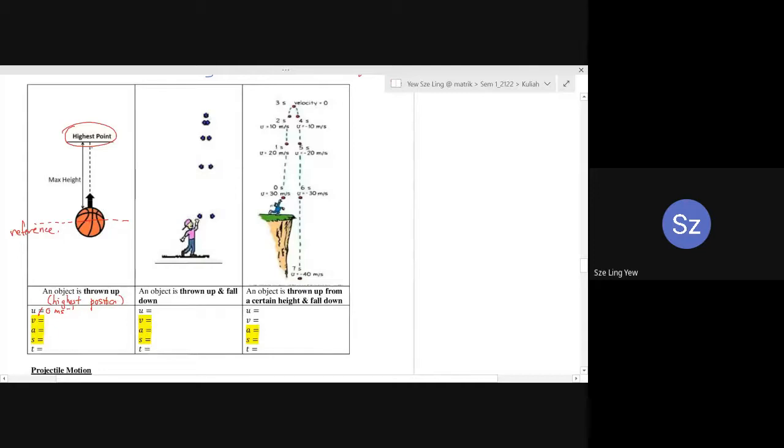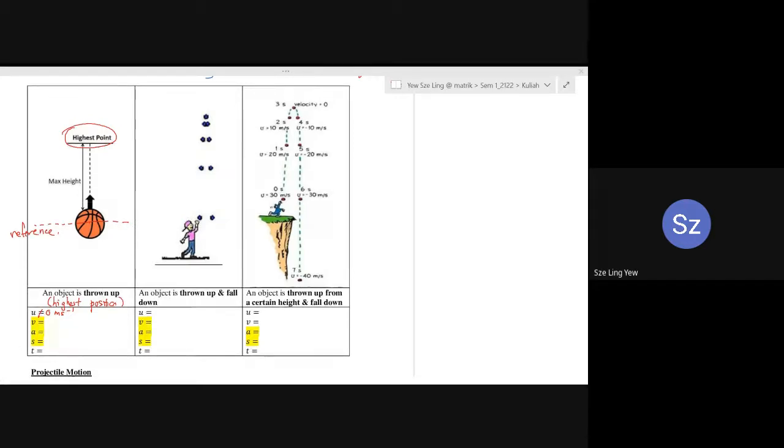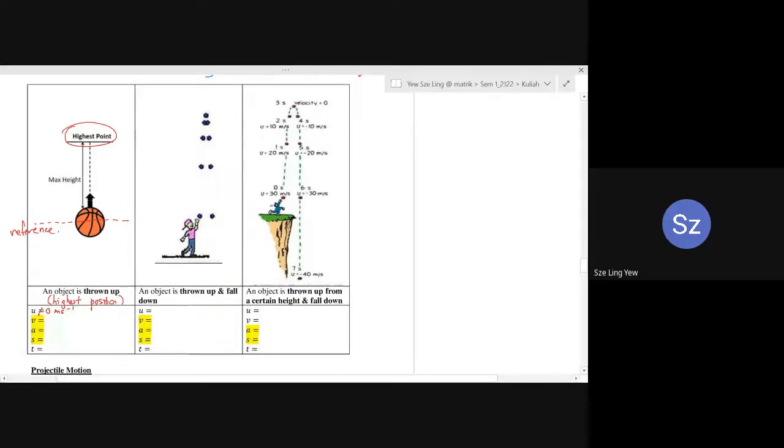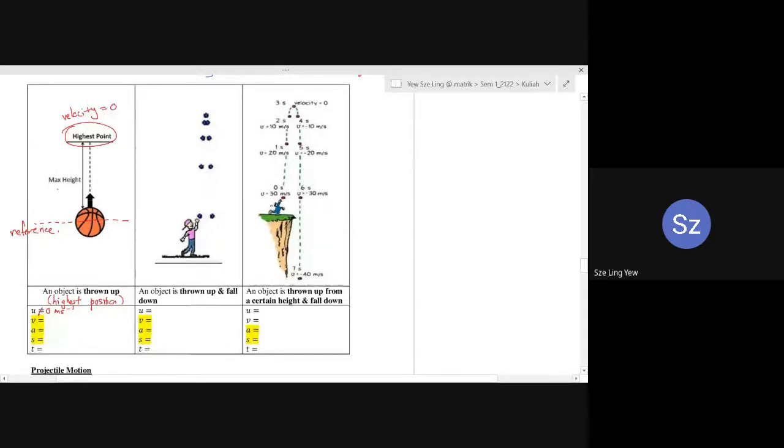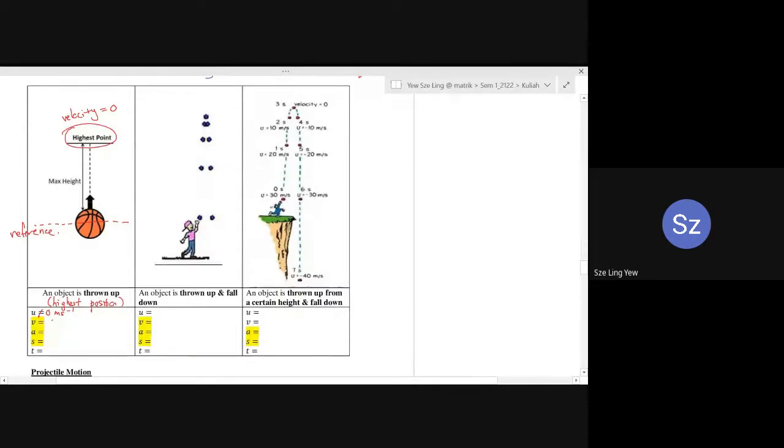Now you try to imagine what happens to something at its highest point. Can anyone tell me what happens to an object when it reaches its maximum position, its highest point? It stops. So the moment it stops, we say the velocity at the highest point is equal to 0.